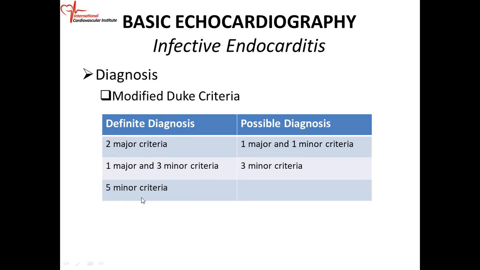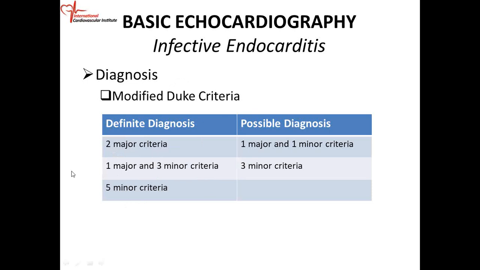So we have certain features that we call major criteria. So once you have that, it's a high likelihood that you're going to have infective endocarditis. And then we have what you call minor criteria. It's not as likely, but there's a possibility that you may have infective endocarditis if you have these conditions.